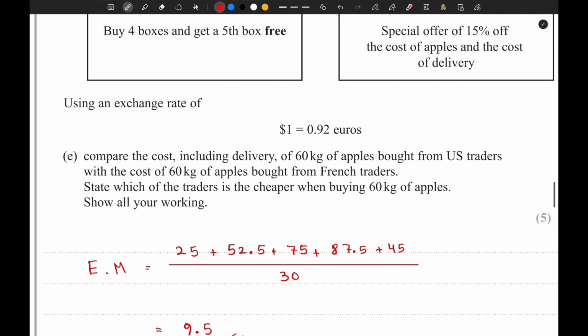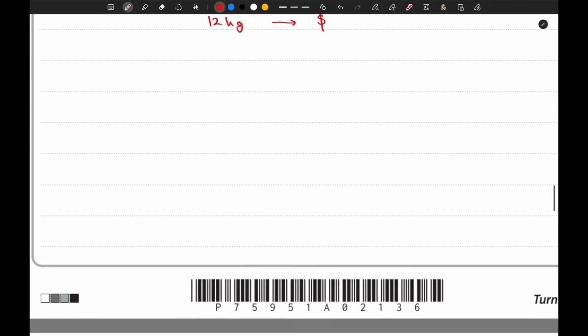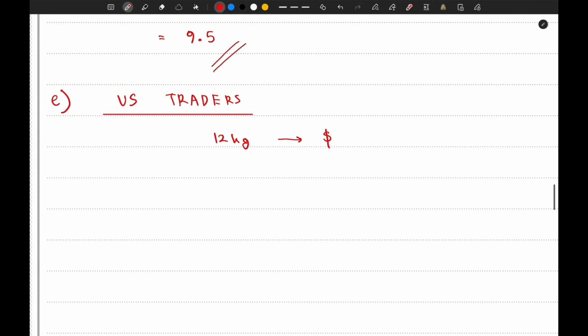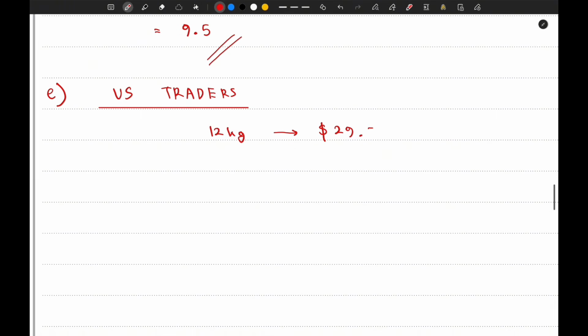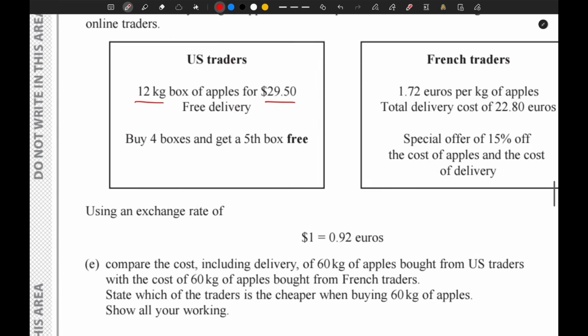I think we need the final answer in dollars. They did not say anything, so let's just do the whole thing in dollars. So 12 kilograms cost $29.5, and 60 kilograms would cost 29.5 divided by 12 times 60. So that is $147.5 for 60 kilograms.